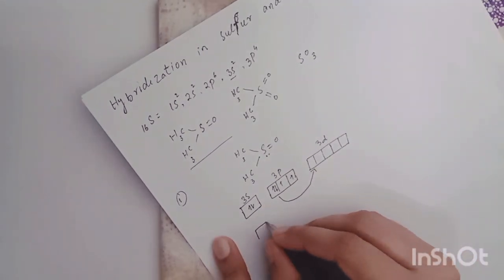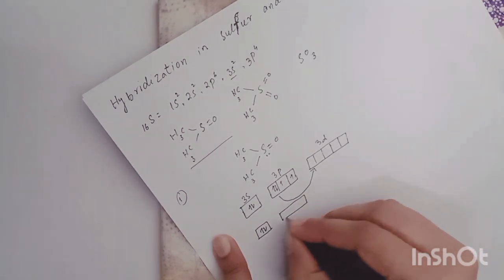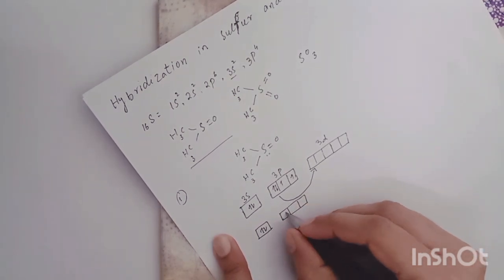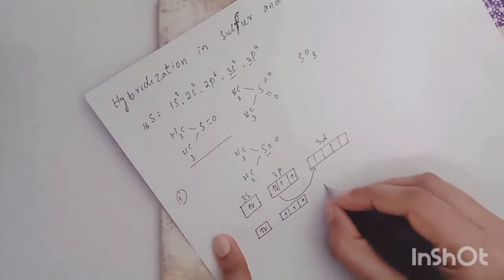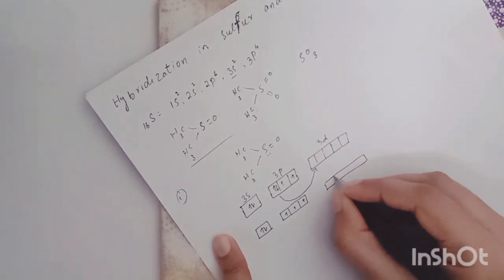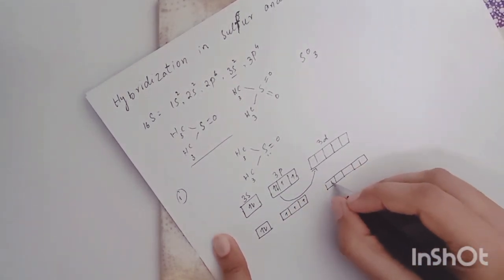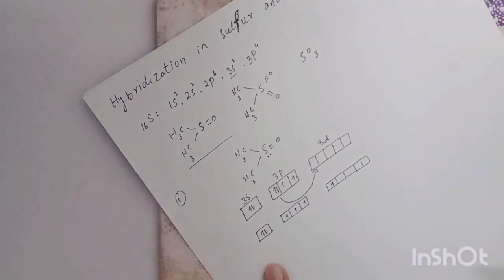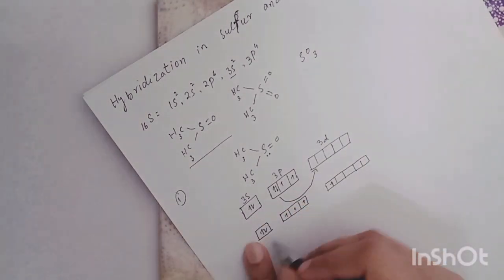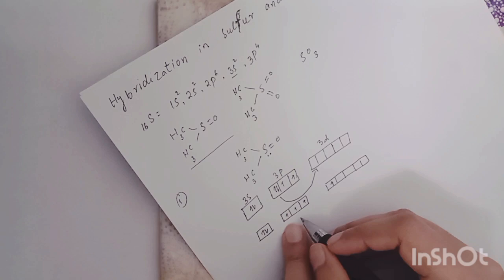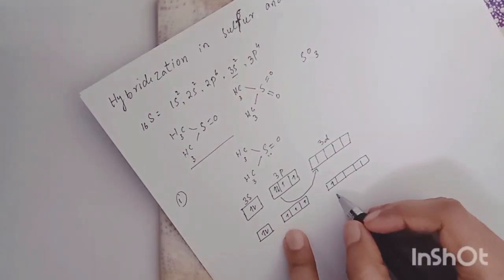So now the electronic configuration is like this: 1, 1, 1, so one electron here in the 3d orbital. So now 2 electrons in 3s, 3 electrons in 3p and 1 electron in 3d.